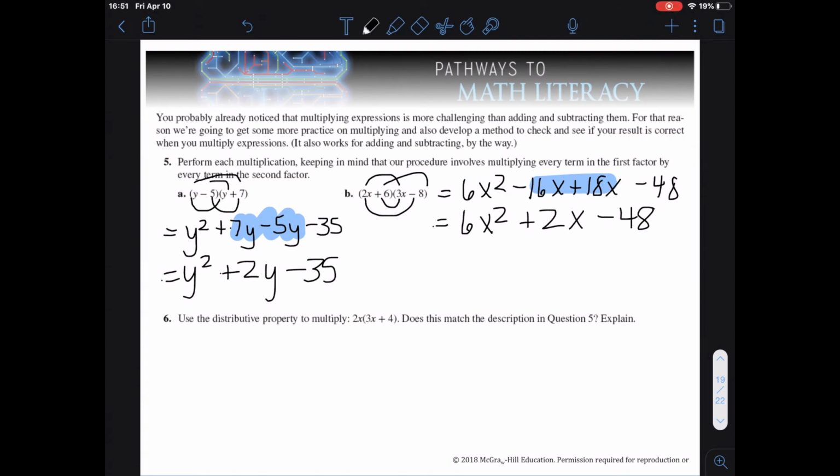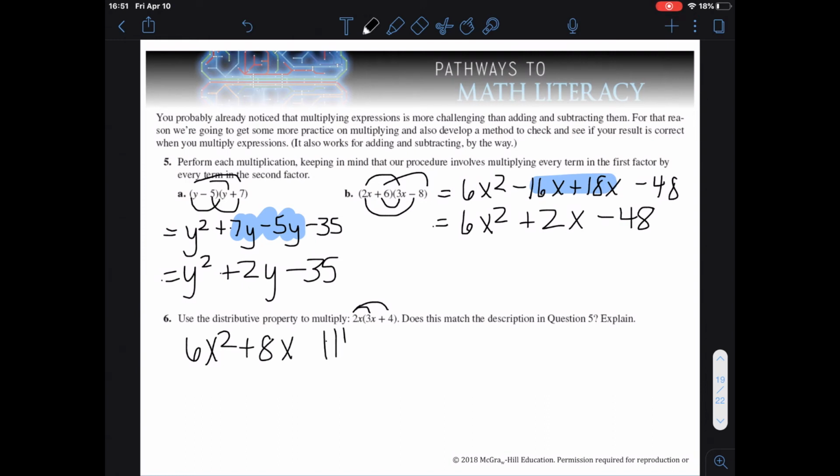So now let's look at this last one. We're going to use the distributive property, and we want to see, does it match that description? So it involves multiplying every term in the first factor by every term in the second factor. So we need to distribute this out. The first term, the 2x, only has a single thing in it, so it's coming in contact with both of the pieces in the second factor. So this is going to equal 2x times 3x, which is 6x squared. 2x times 4 is 8x.